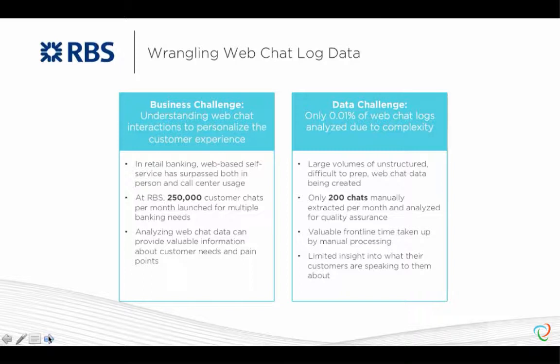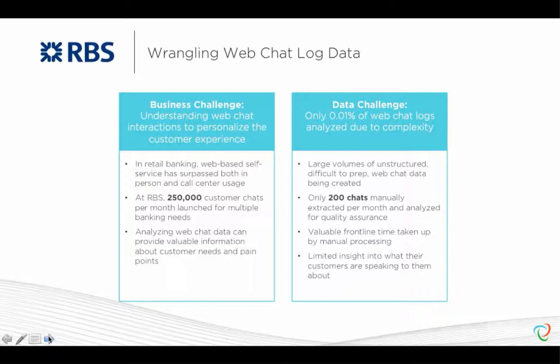So if you're getting 250,000 chats, you can only analyze 200. That's less than 0.01% of the chats that you can deal with. So you can imagine all of the insights that you're leaving on the table, all of the interesting patterns that you want to discover, but you simply can't because there's not enough resources and time to get through all the chats that are being generated.